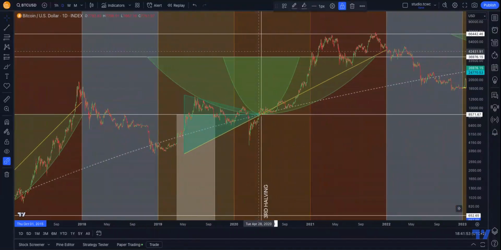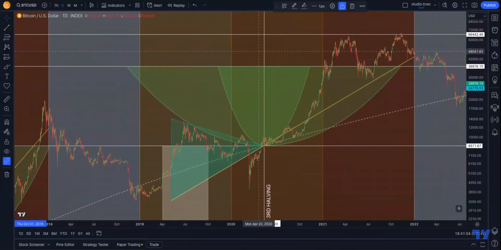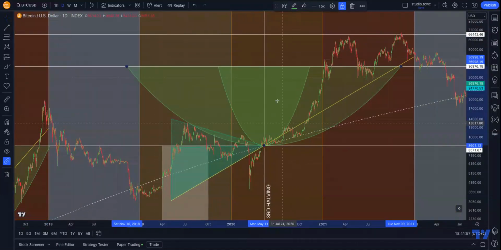Also, the halving high pressure zone could be higher or lower. It doesn't necessarily have to be in this area here.